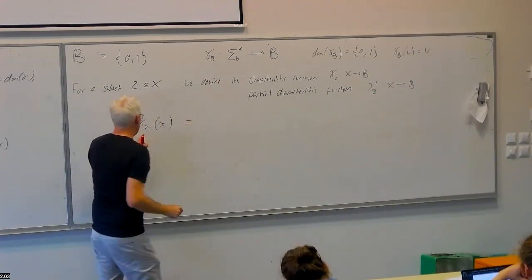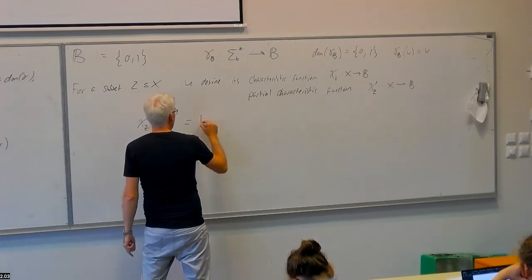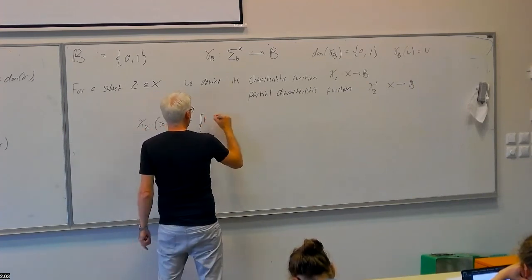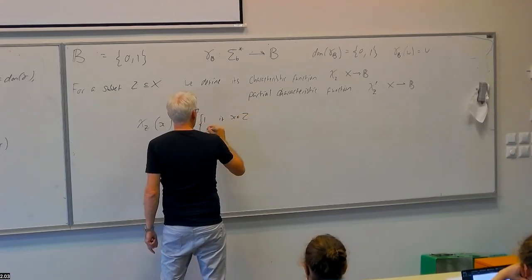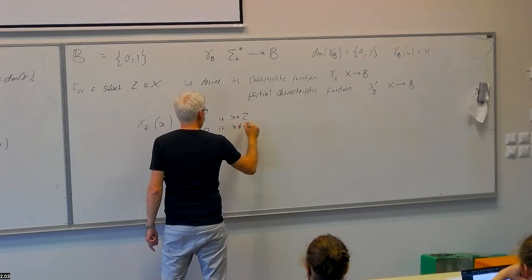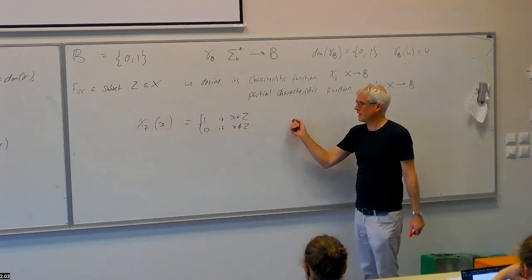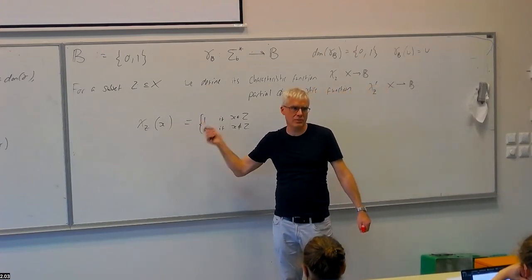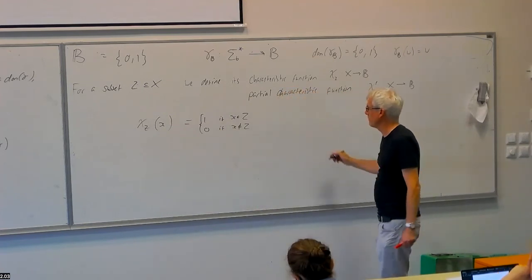So the characteristic function of Z maps an element of set X to 1 if X belongs to the subset Z, and 0 if X does not belong to the subset Z. So simply saying, give me the truth value of X belonging to Z: 1 if that statement's true, 0 if that statement's false.